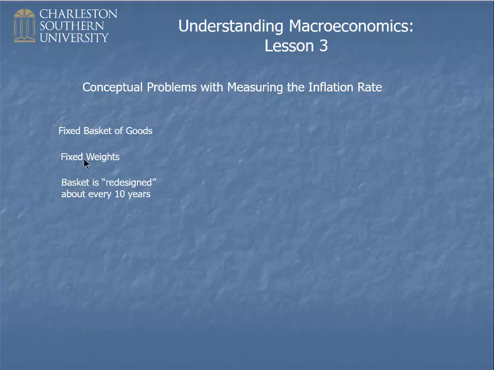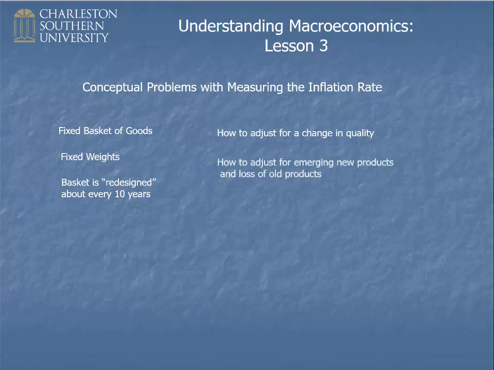And then, of course, the things that we buy change through time, so the basket is redesigned about every 10 years. Now, this is mechanical stuff, but over here I want you to think about some really tough questions. How are we to adjust for changes in quality? You buy a thing this month and you go back next month and the following month. Things, especially stuff that have electronic components to them, change in quality all the time.